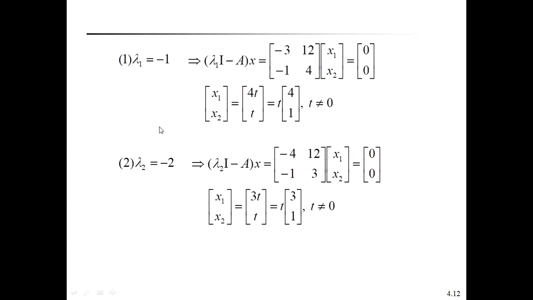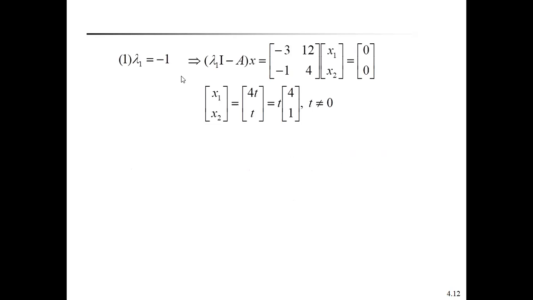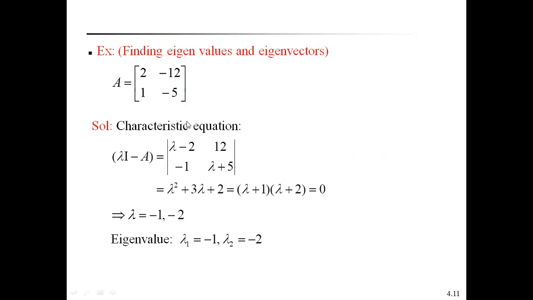This is the way to find the eigenvectors corresponding to lambda 1 equal to minus 1 and lambda 2 equal to minus 2. For finding eigenvalues and eigenvectors, this is the best example.